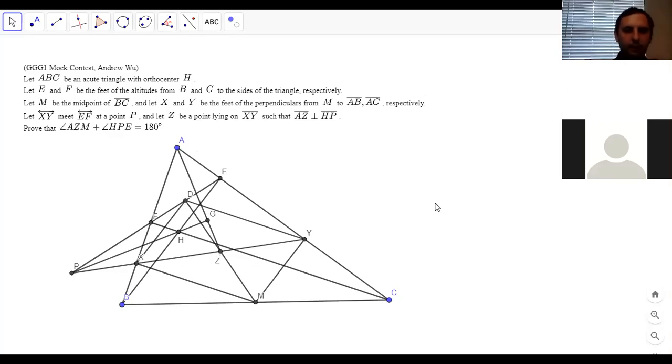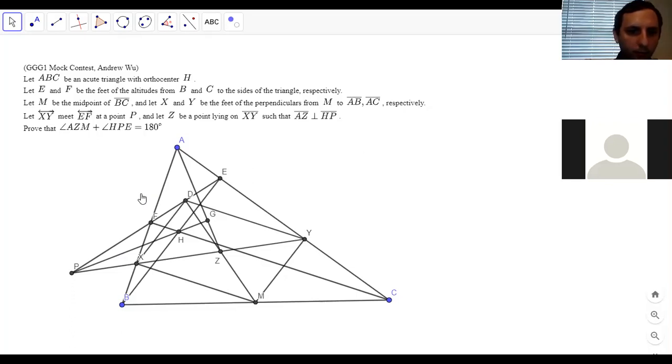Yeah, exactly. What if we, I was wondering if we could show H as the orthocenter of another triangle, although I'm not sure. So yeah, we have a lot of midpoints here.